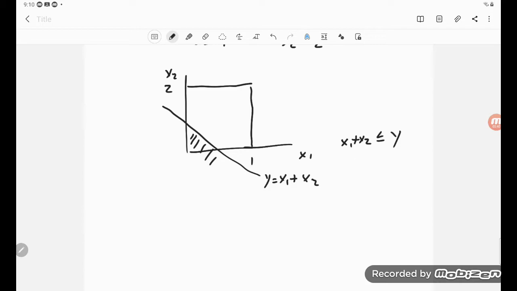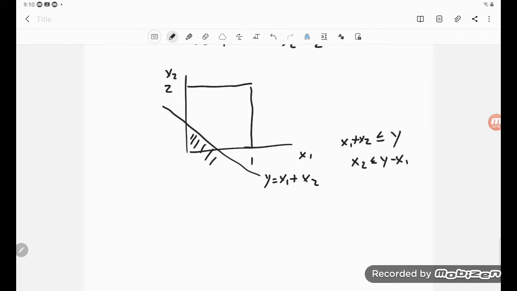Because you could write this as x2 less than or equal to y minus x1. So we've got our slope of -1, and y has to be greater than or equal to 0.